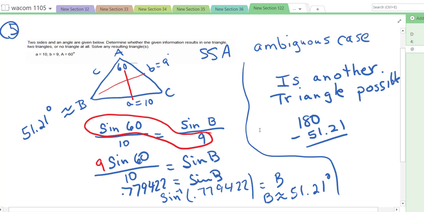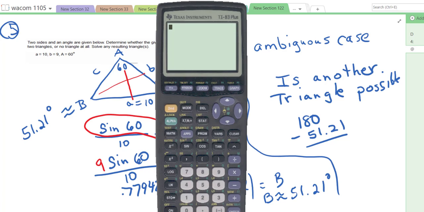If that angle is a possibility for this angle instead. So I go on my calculator and do 180 minus 51.21 and see if that angle could be possible here.